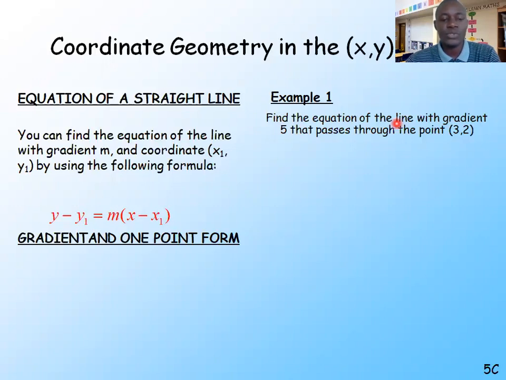But now we are going to be finding or writing the equation of a straight line when we are given the gradient and a point on the straight line. The straight line is gotten from drawing the line that joins all points on our Cartesian plane.